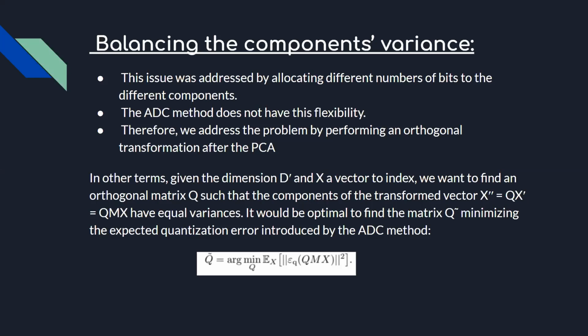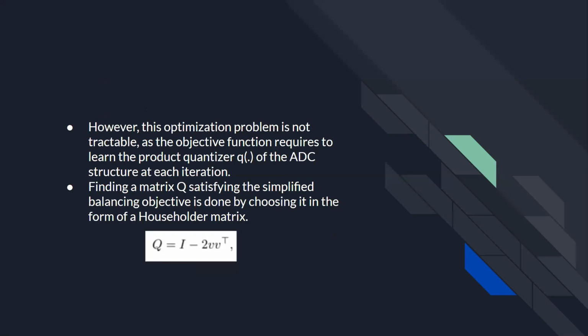It would be optimal to find the matrix Q minimizing the expected quantization error introduced in the ADC method. However, this optimization problem is not tractable, as the objective function requires learning the product quantizer of the ADC structure at each iteration. Finding the matrix Q satisfying the simplified balancing objective is done by choosing it in the form of a Householder matrix, that is Q equal to I minus 2V V transpose.